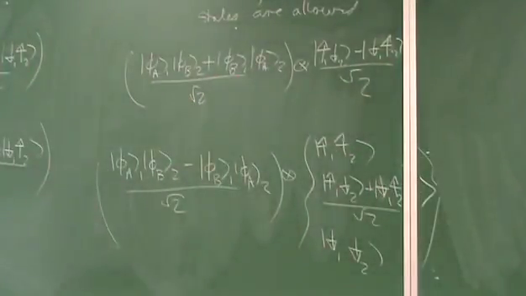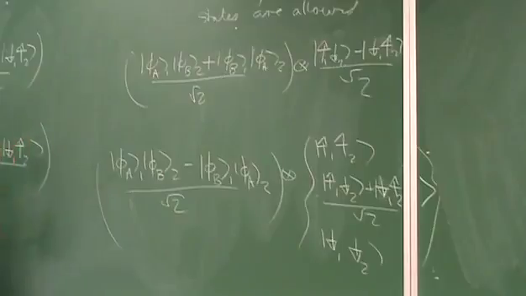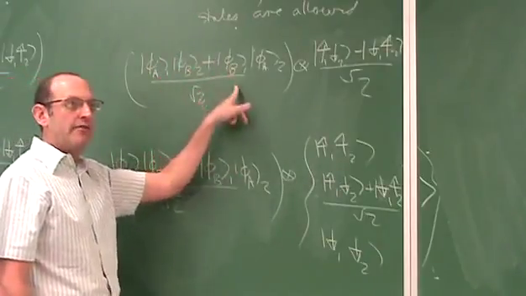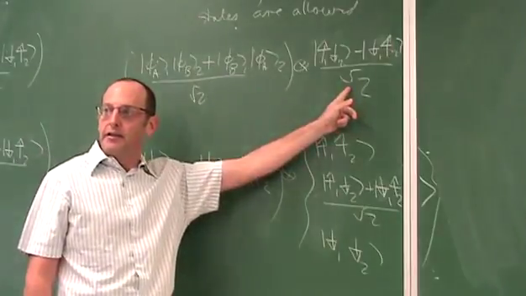Let's take a look at this again. Let's just remind ourselves. What do we see here? Because of the identical particle statistics, as you remember, we have this pairing which correlates the symmetry of the spatial wave function with the spin state.